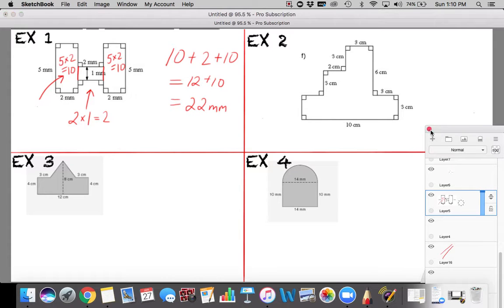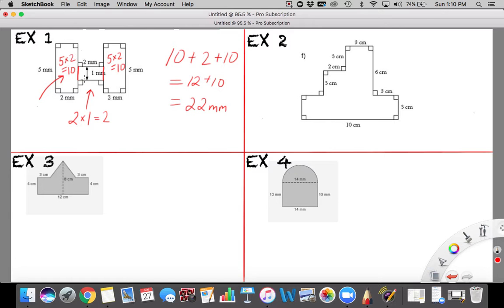So 22 millimeters is the area of example 1. Now, there's other ways you can do that one, but I would say do it like this. The main thing is making sure you find the area of each shape.